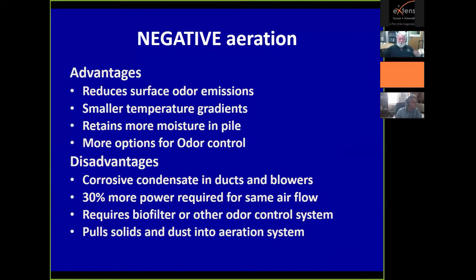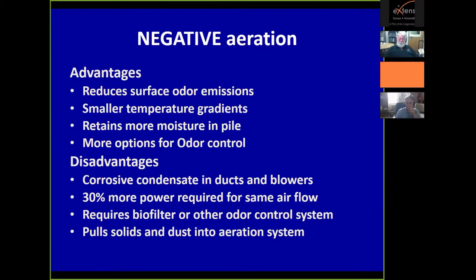The disadvantage is that the negative aeration system is pulling heated, saturated air down through the pile. The minute that hot, saturated air exits the pile, it condenses. Even if it's a hot summer day in Arizona, it will condense and you will get a condensate that has a very low pH and could be very corrosive to the ductwork and the blowers.